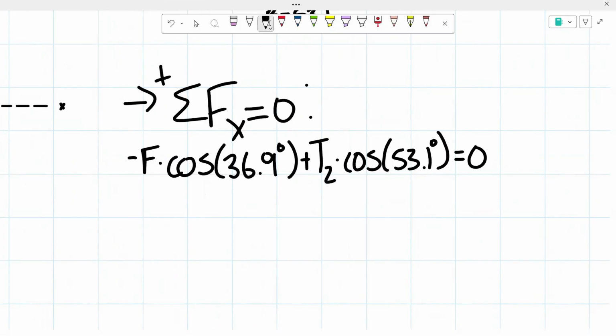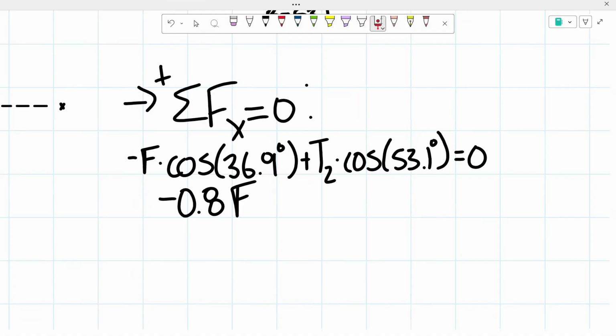If we were to plug cosine of 36.9 into our calculators, make sure that it's in degrees and not in radians, that would be negative 0.8f, because remember we said that it has to be negative.